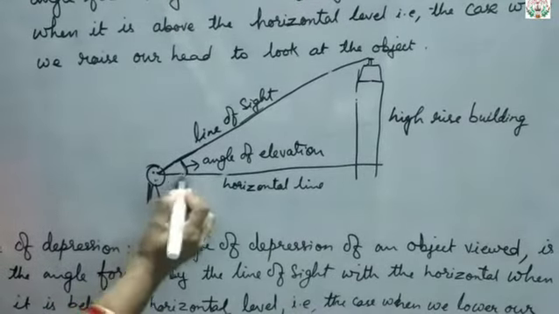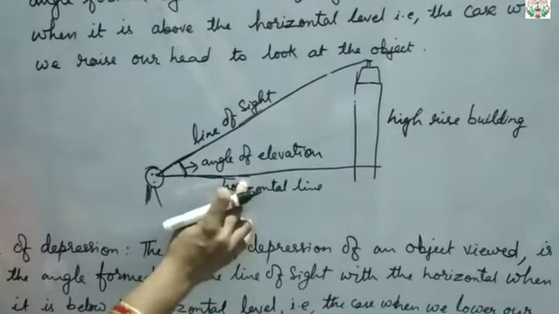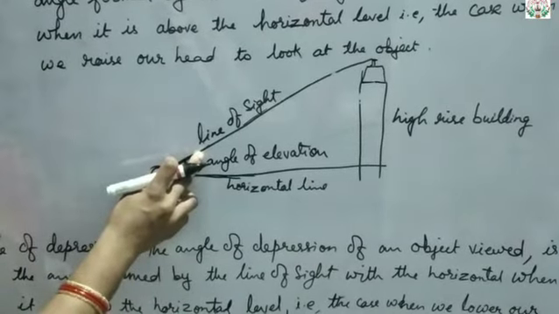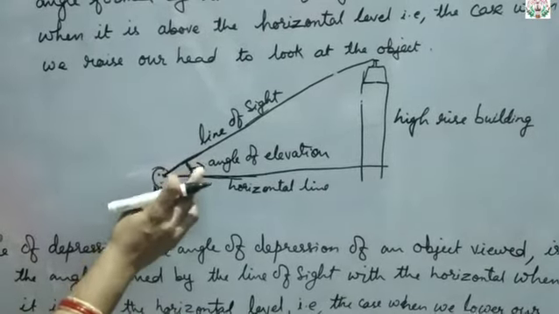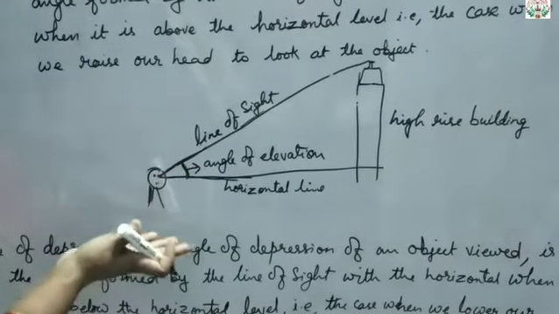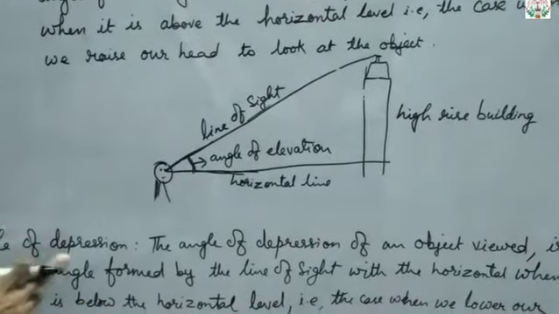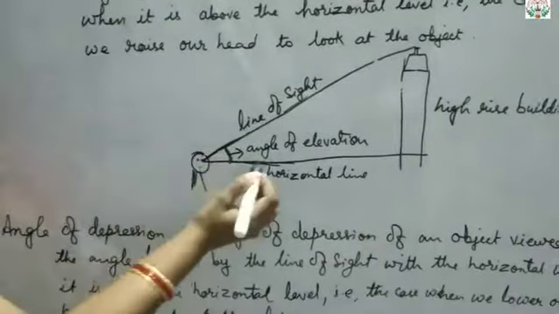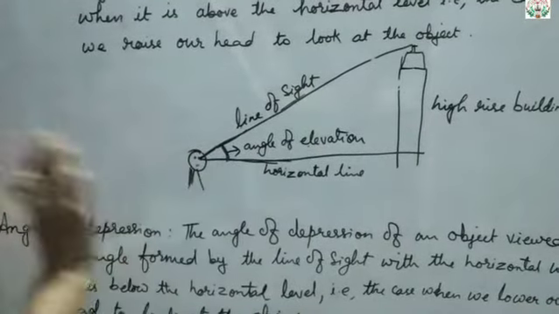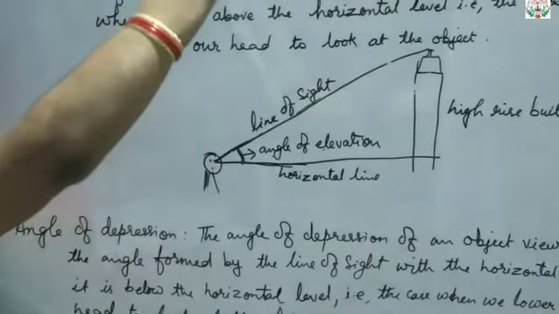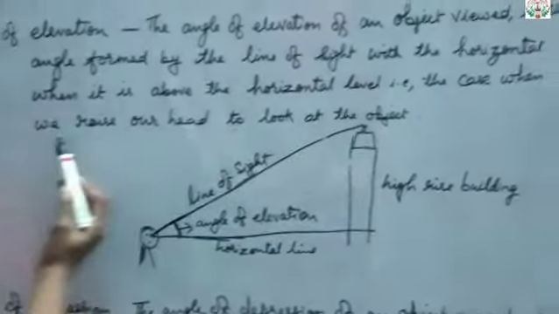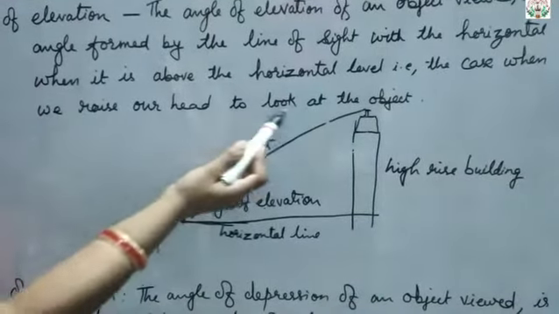This is the horizontal line. If this angle is made below the horizontal line, then it becomes angle of depression. Clear? To make an angle of elevation, a person has to raise his head towards the top. That is why it is given: the case when we raise our head to look at the object.